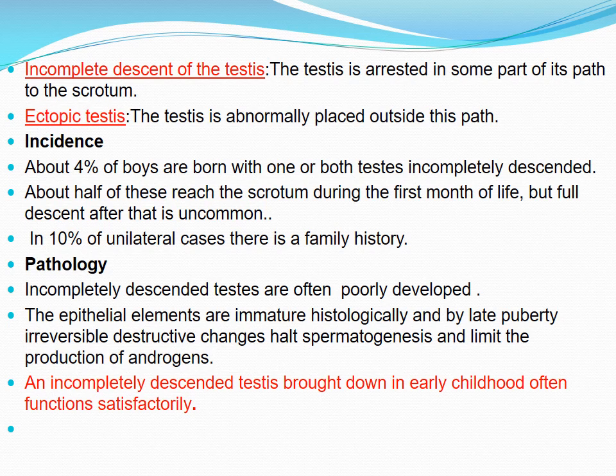We talk about incomplete descent of the testis and ectopic testis, which should be differentiated. In incomplete descent, the testis is arrested in some part of its normal pathway to the scrotum.